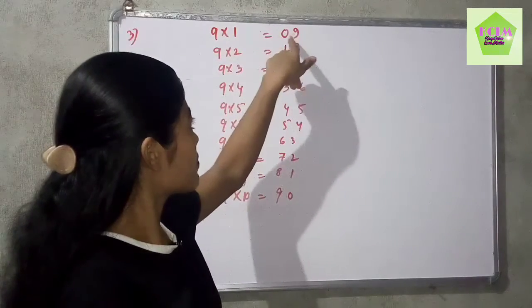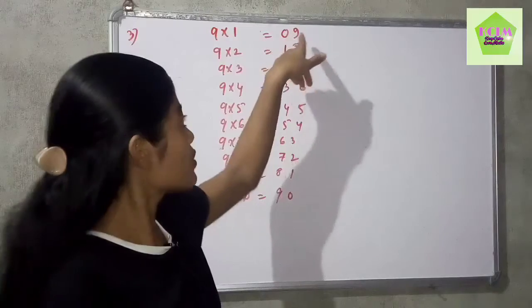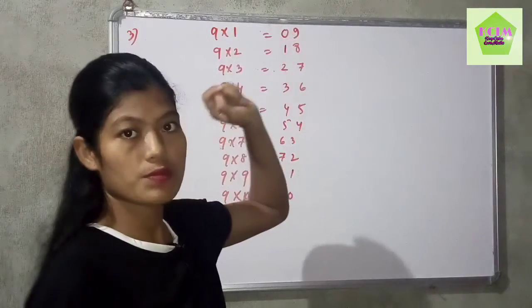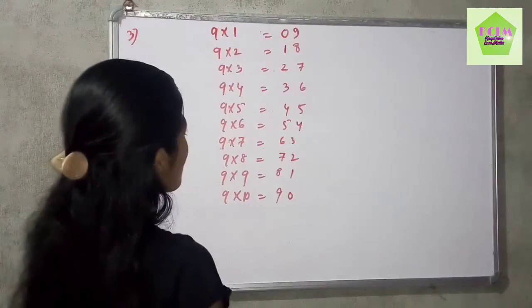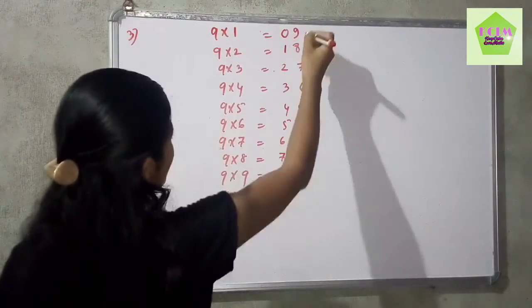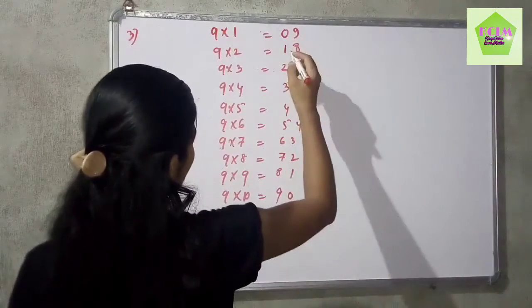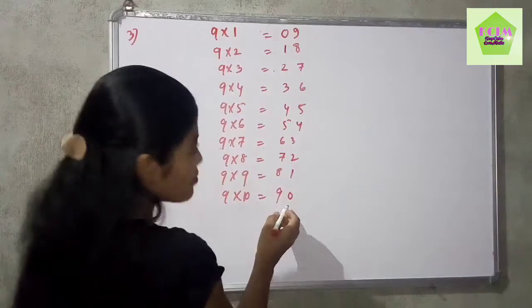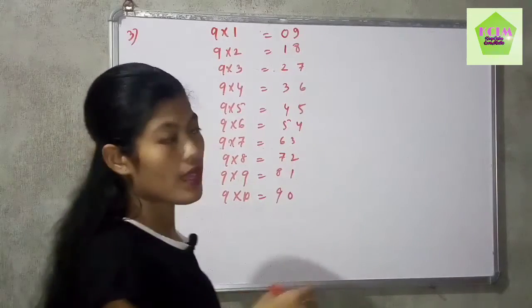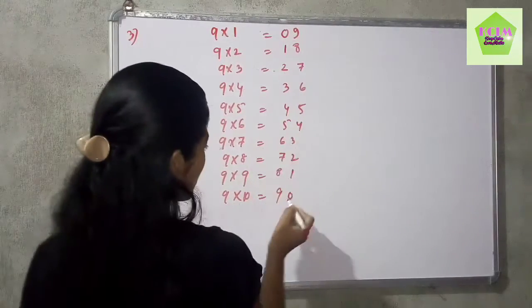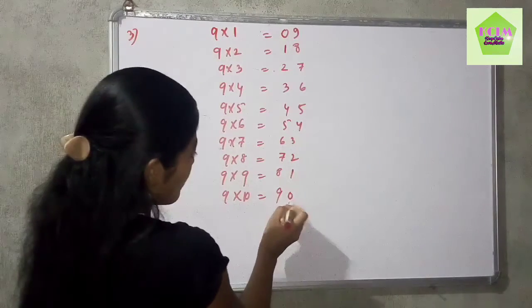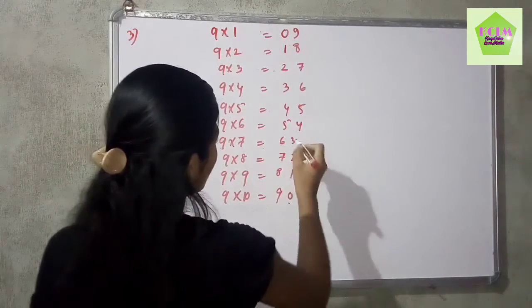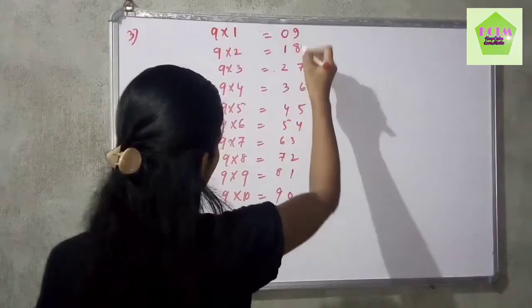If we put 0 before this 9, it means 9 only. The second digits of these numbers, you can see from the bottom to top, are 0 to 9. So at the bottom it is 0, 1, 2, 3, 4, 5, 6, 7, 8, 9.